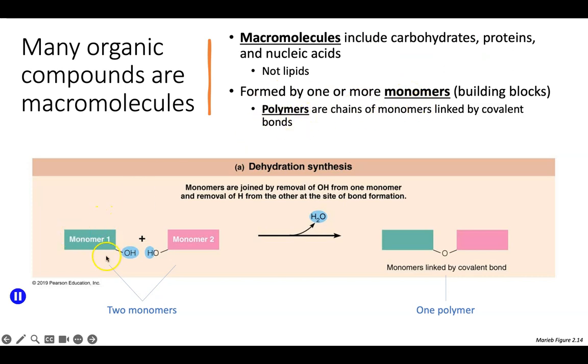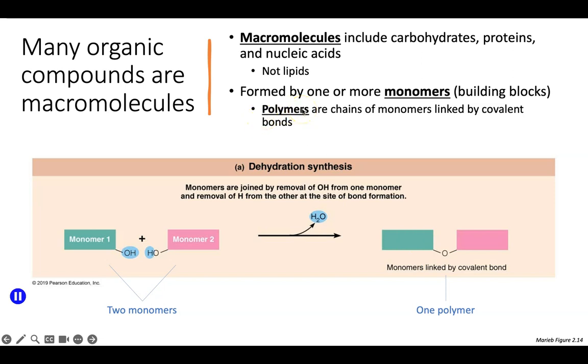So one thing I will note for you is that each of these monomers may contain many atoms. So there might be, let's say, 6 carbon molecules within this single monomer. But that monomer can now go and bind to a different monomer to form a polymer. So polymers are going to have 2 or more monomers linked together by this covalent bond.